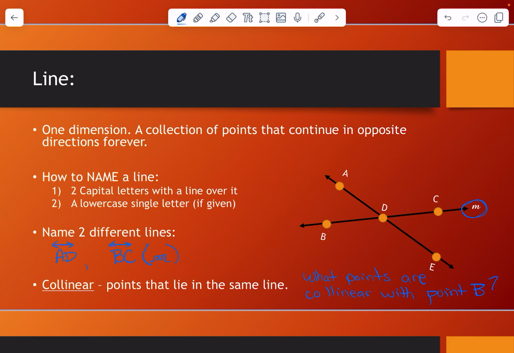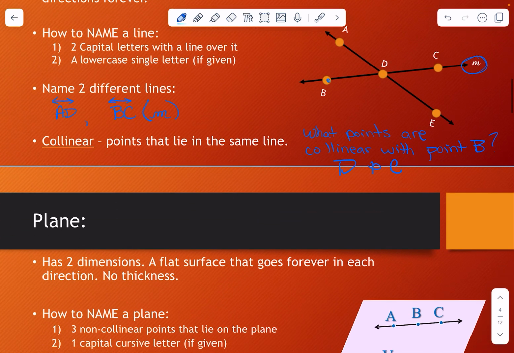Well, if we look at the diagram, here's point B. Lying in the same line would be point D and point C. Okay, so that's what collinear means.